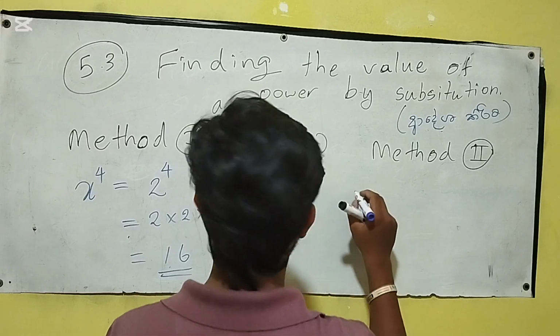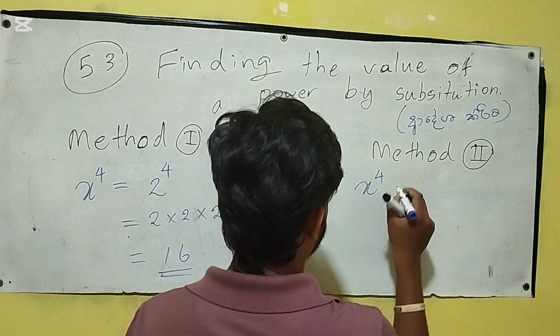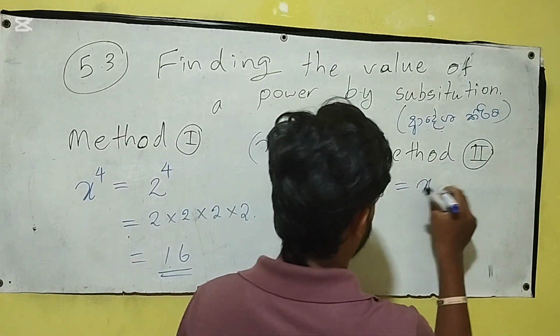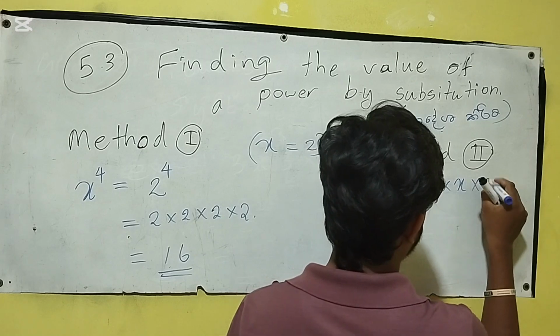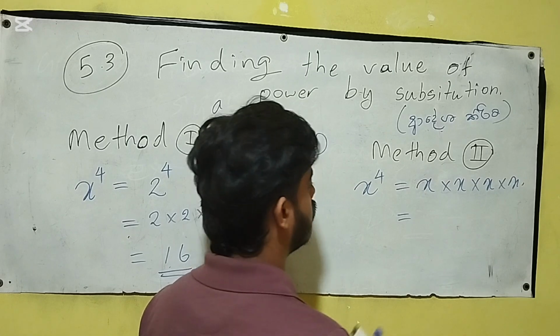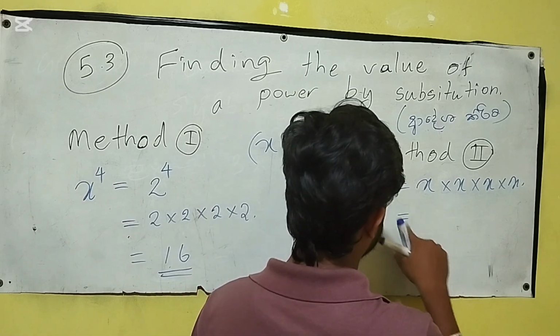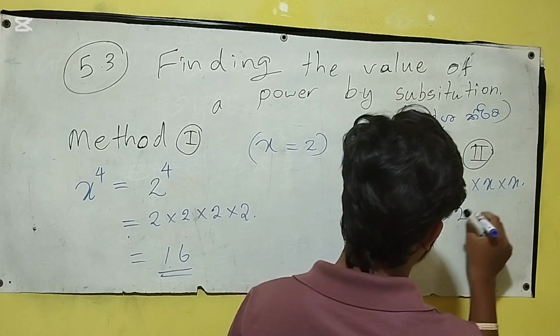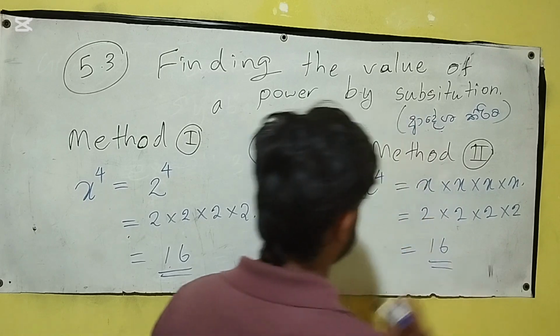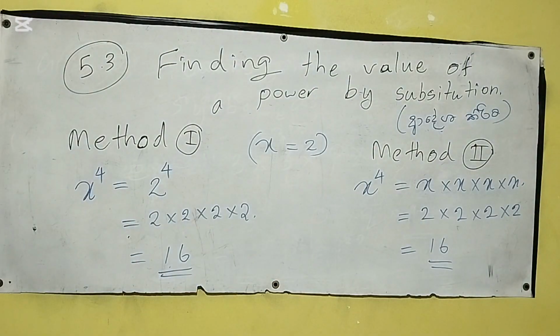Then x to the power 4, we can expand x multiplied by x multiplied by x multiplied by x. Now we can substitute 2 multiplied by 2 multiplied by 2 multiplied by 2, then you can obtain 16. Both give the same answer. Okay, write down this.